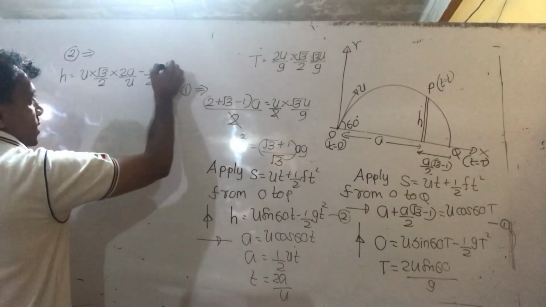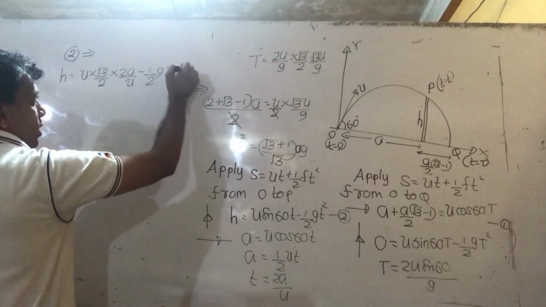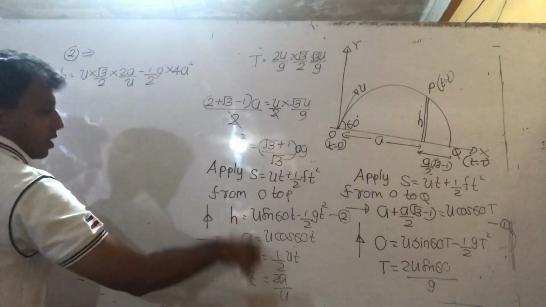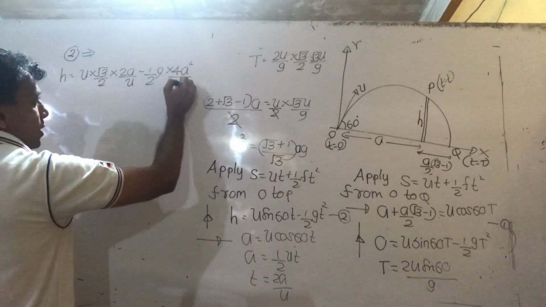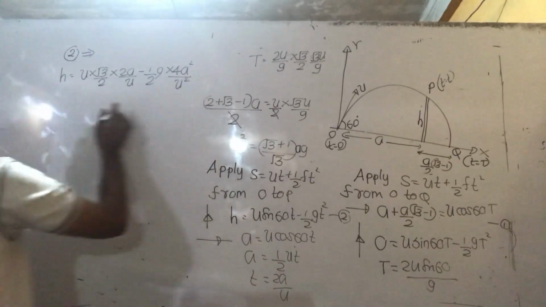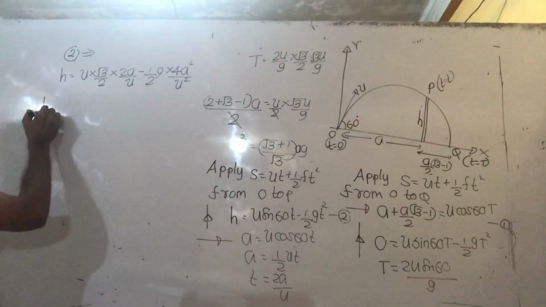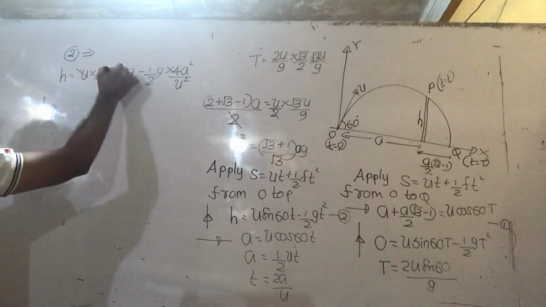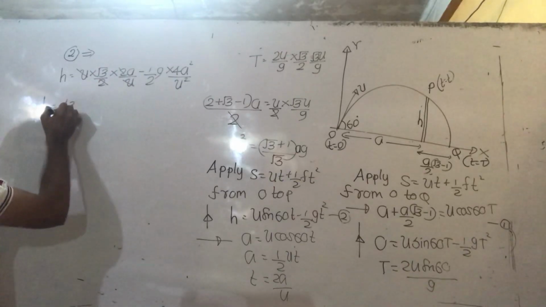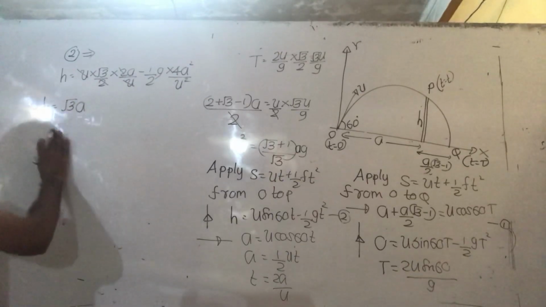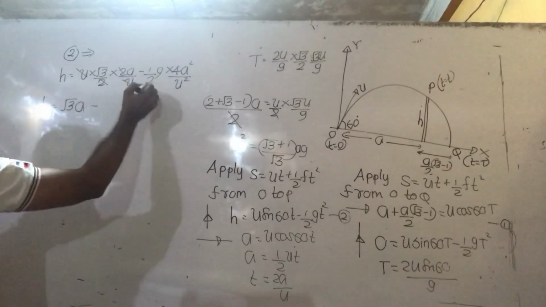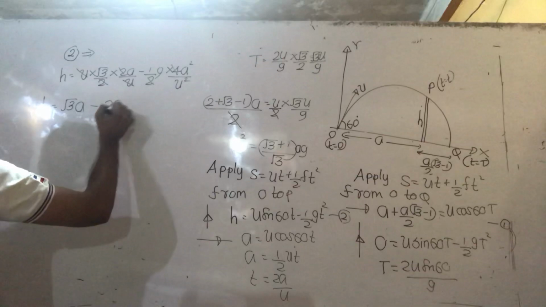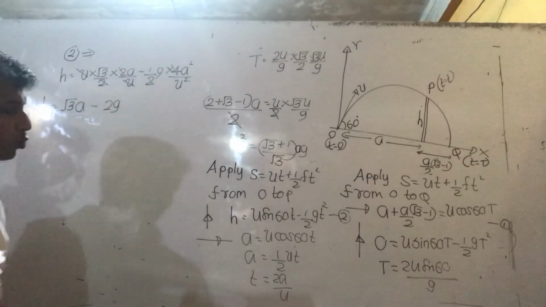Square of the t is 4a square over u square. So simplify, see here, u cancels, 2 cancels, root 3a minus here 2g a square over u square.